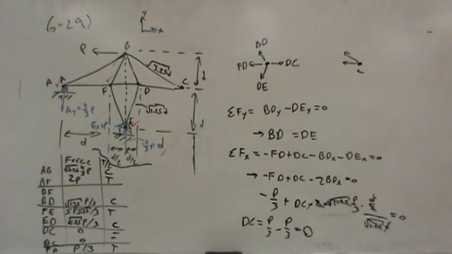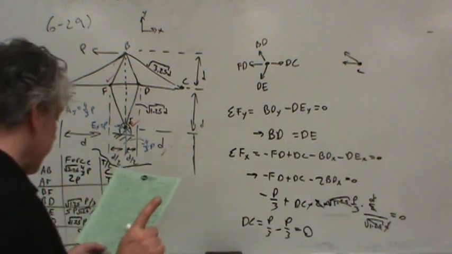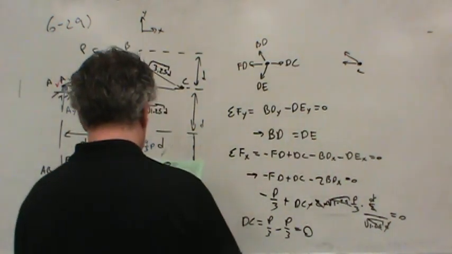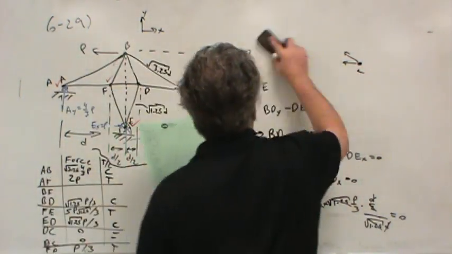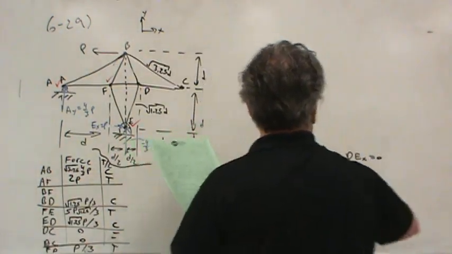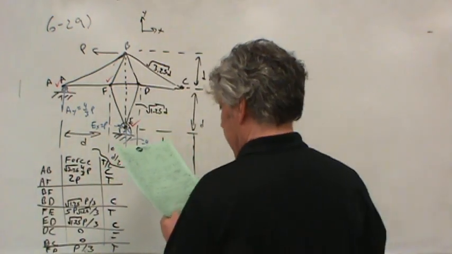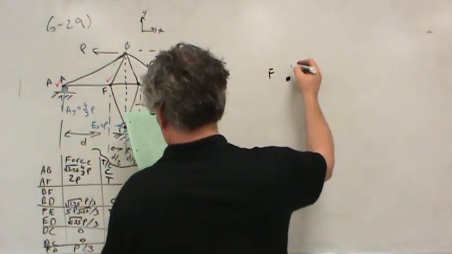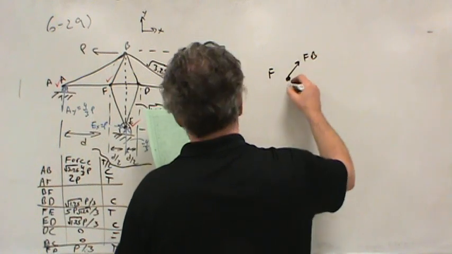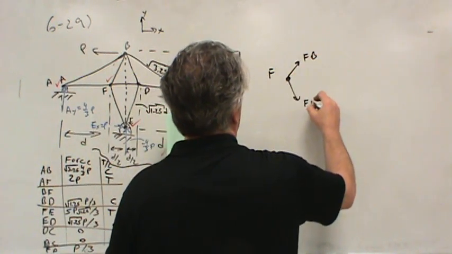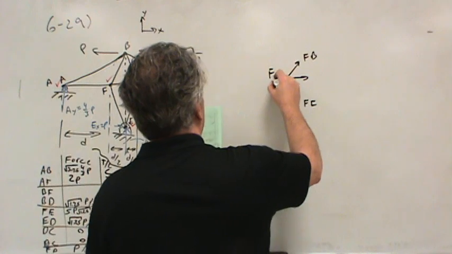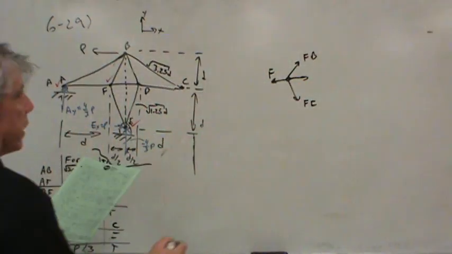Let's see, I must have missed something. Yeah, I didn't write this down. I skipped it in my notes. When I had point F, way back then, I noted that FB and FE are equal to one another because of summing forces in the vertical direction.